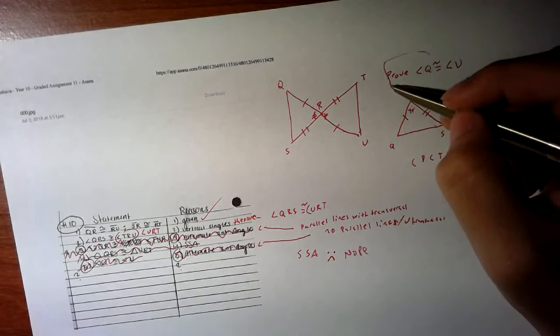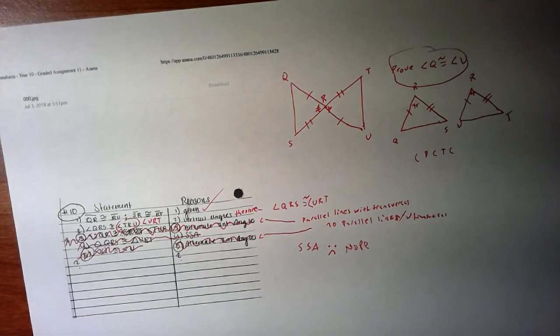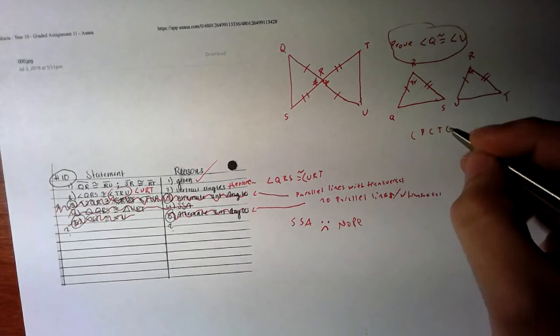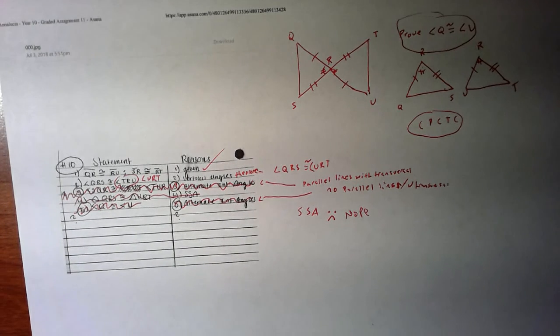We're trying to prove Q is congruent to U. So there's Q, here's U. So we'll have to use that information then. So at some point you're going to be using CPCTC. Okay, so I'll let you go ahead and finish that up, and that concludes this video.